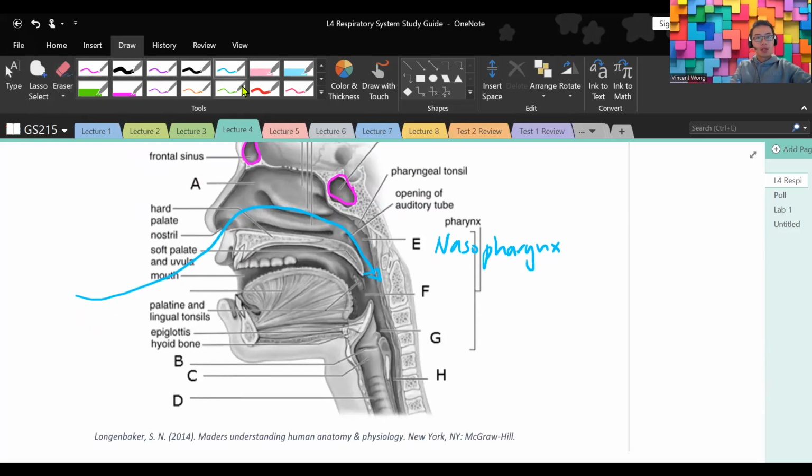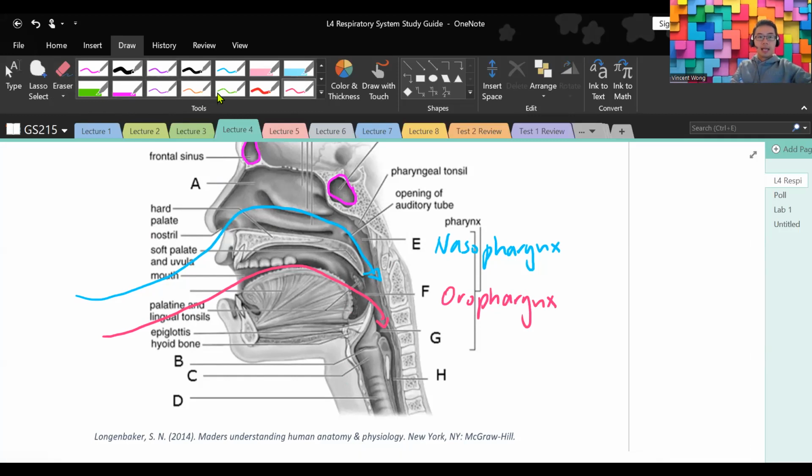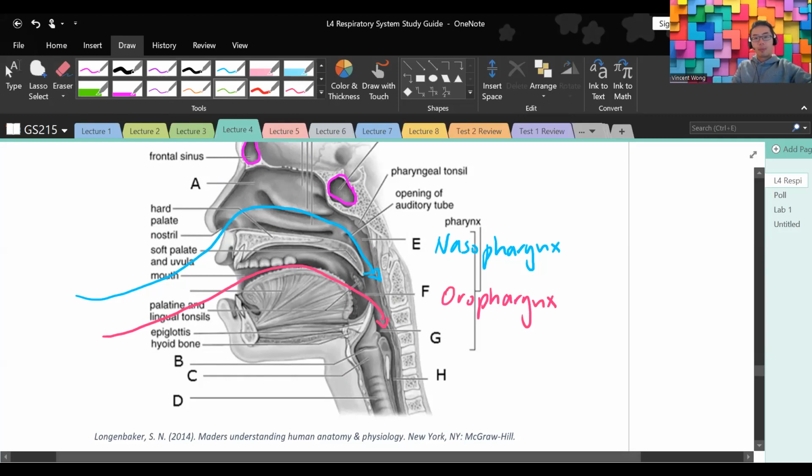You can also go into it through swallowing. So if you swallow some food, it's gonna go into the throat through here, right? And that would be the oral pharynx. So two ways to go into the pharynx. And if we're talking about air, then the air is going to go down your trachea, down your windpipe.